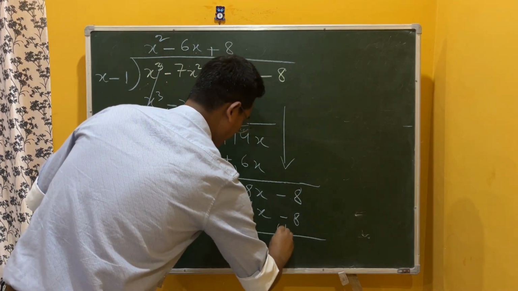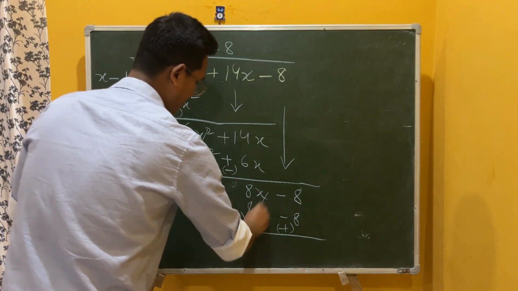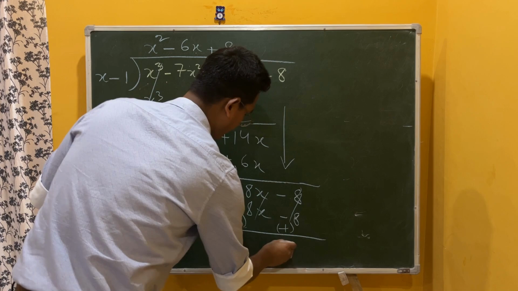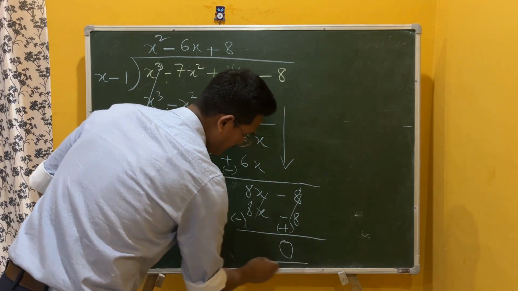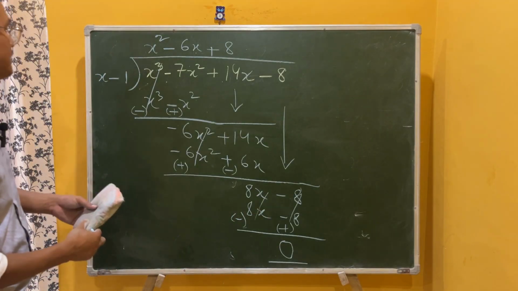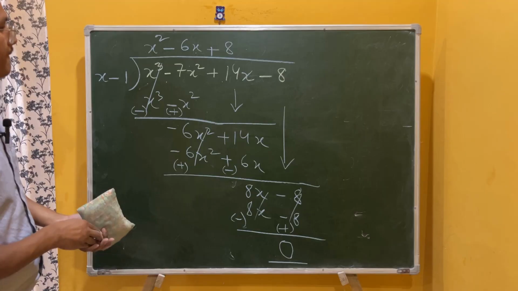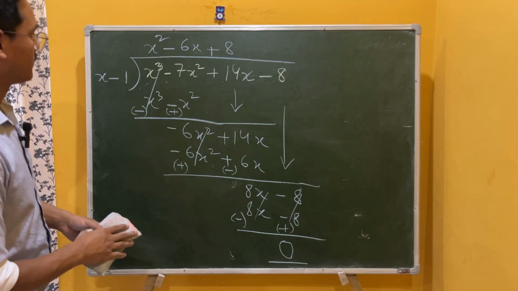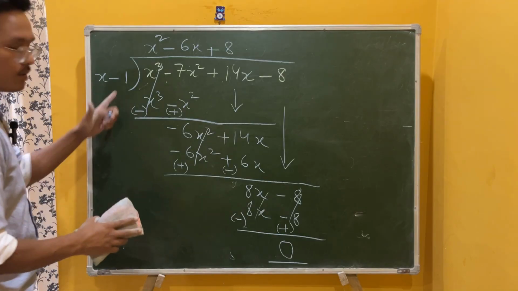We change the sign and we add them. It cancels out and the remainder is 0. Well, the remainder has to come 0 because we know that this is a factor. So what did we show? All right, I hope you understood the division.